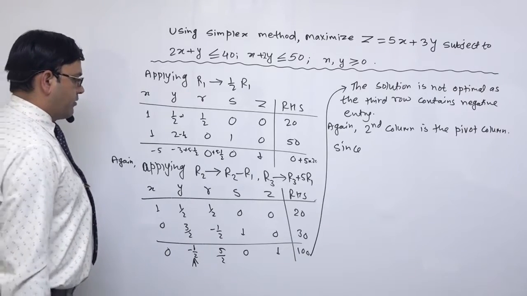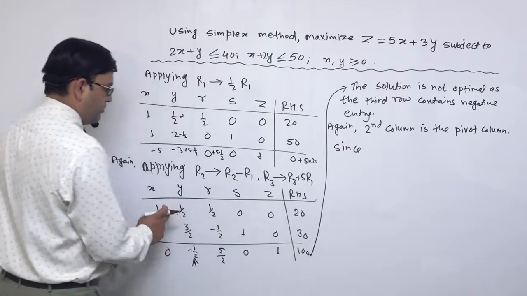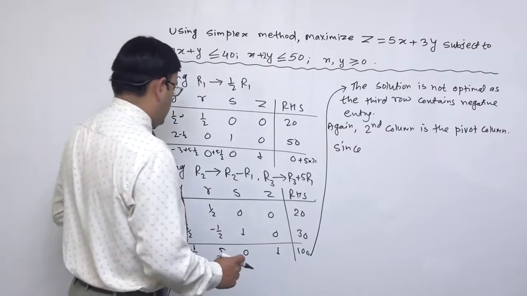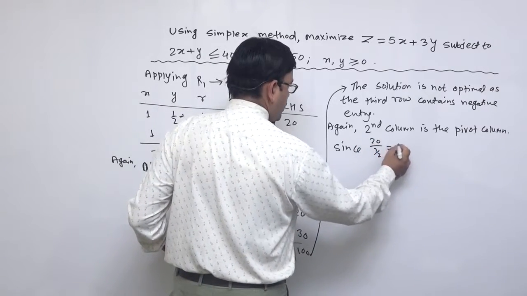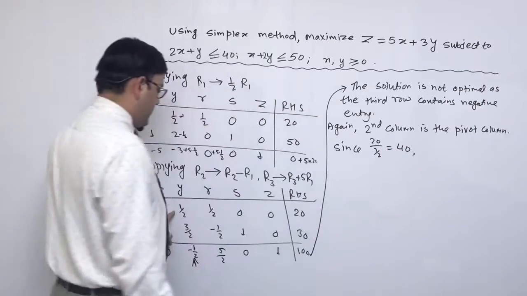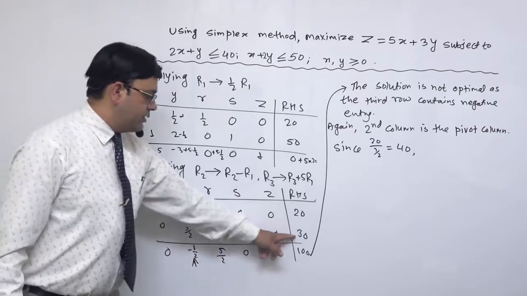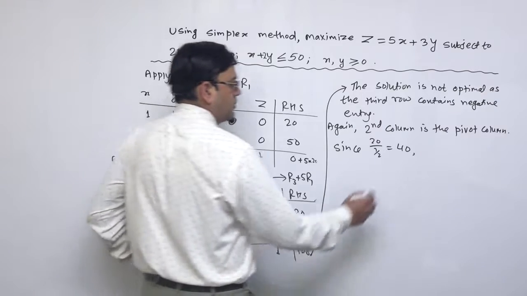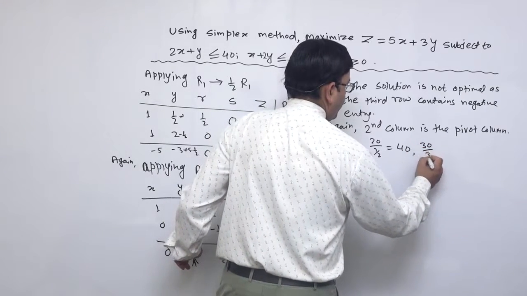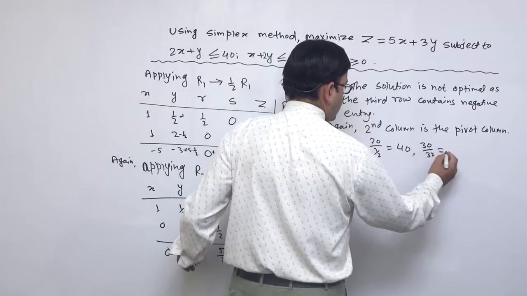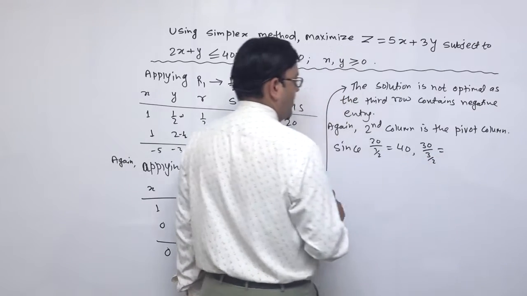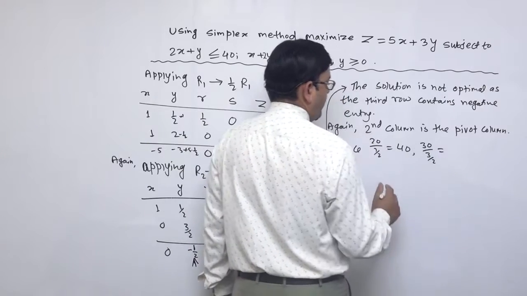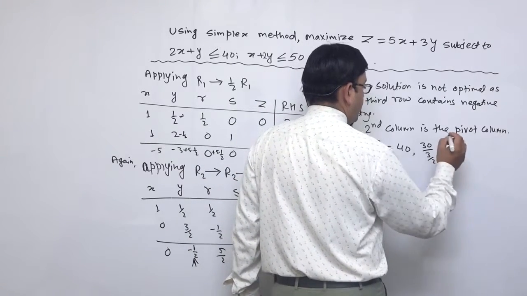पिभट एलिमेन्ट फाइन्ड आउट गर्नलाई दिस डिवाइडेड बाइ दिस गर्नुपर्ने हुन्छ. 20 divided by 1/2, so we can write 20 divided by 1/2 this is equal to 40 and next one is 30 divided by 3/2. 30 divided by 3/2, 2 माथि जान्छ त्यसकारणले यसको 20 हुन आउँछ.